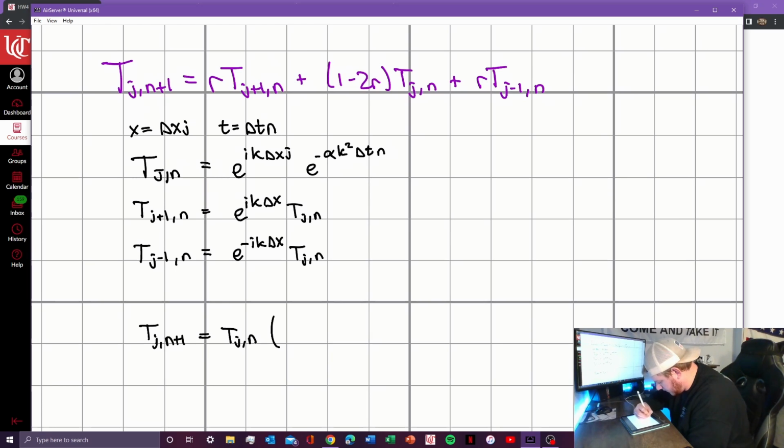You're going to be left with r, this one, because the first term is plus 1. So r e to the I k delta x. And since we pulled T j n to the outside, we didn't have to multiply that on the inside. And then we're going to have 1 minus 2r, and then plus e to the negative I k delta x.